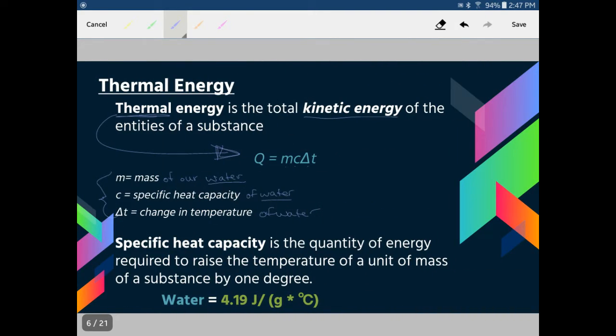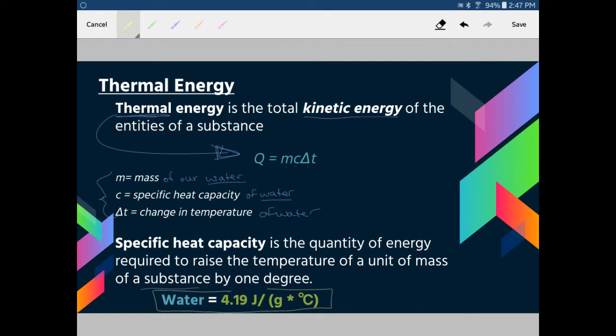Now, in case you don't remember or you haven't learned this yet, specific heat capacity is essentially the amount of energy in joules required to raise the temperature of 1 gram of water, or whatever substance you're talking about, by a single degree. For water, this value I would definitely jot down somewhere.